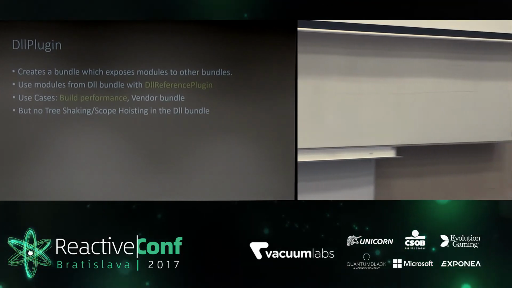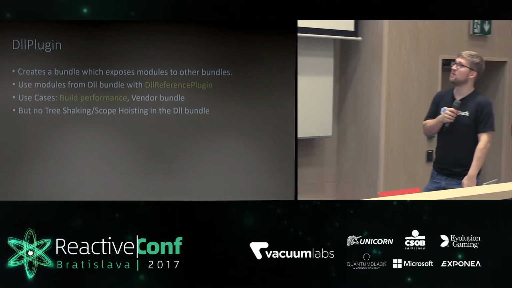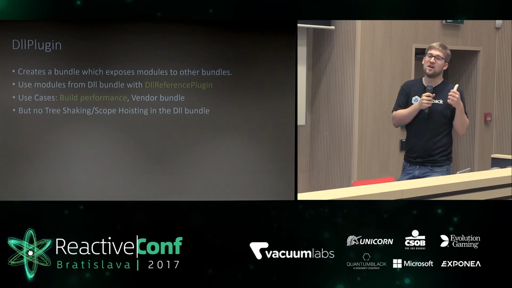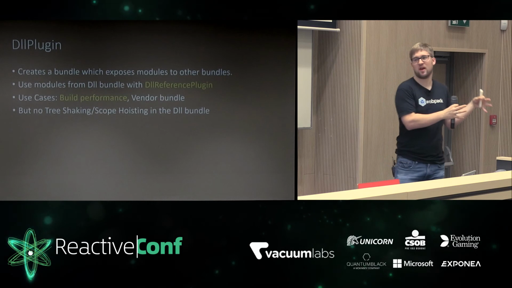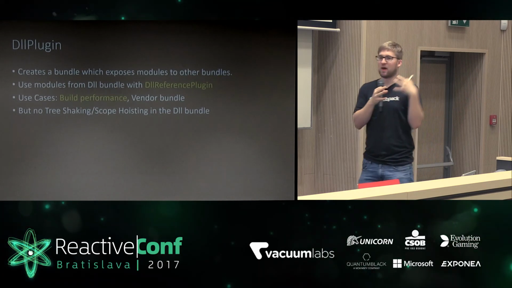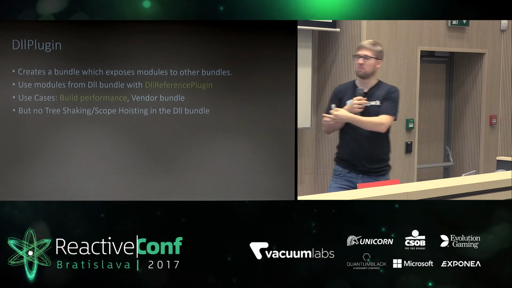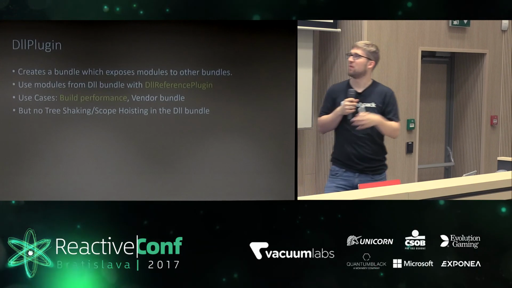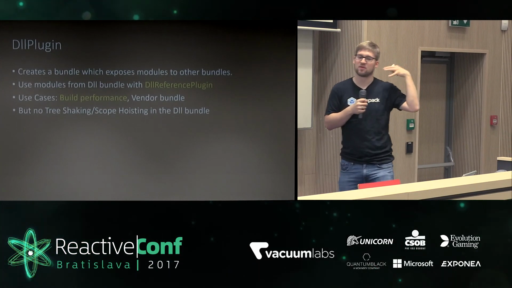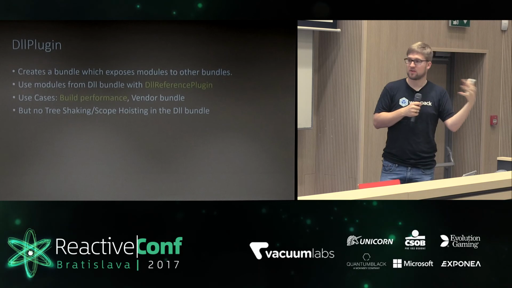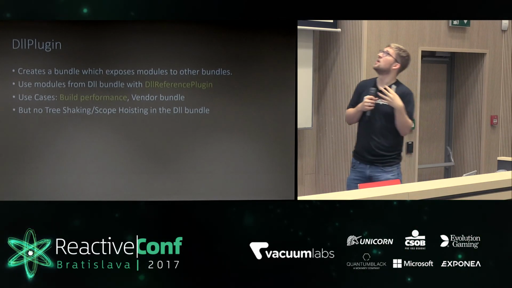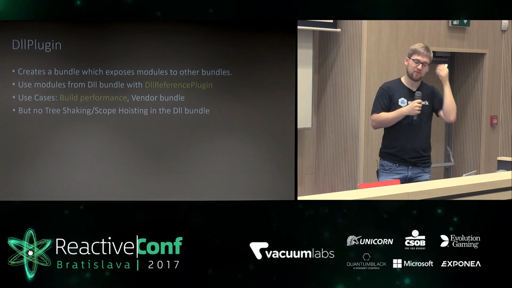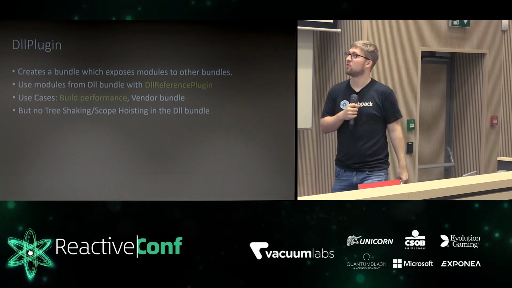So the last one is the DLL plugin, which basically allows you to do a separate compilation with some of the modules and reuse this bundle in your application bundle. So you basically use two script tags, one with a DLL bundle and one with the application bundle, and the application bundle points with a DLL reference plugin to the DLL manifest, and uses modules inside that.